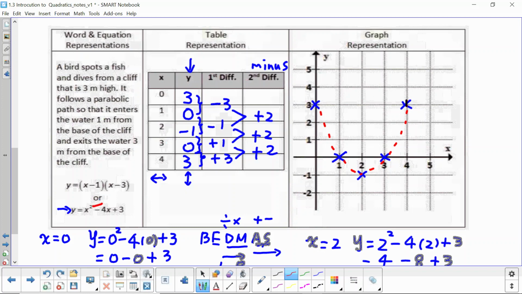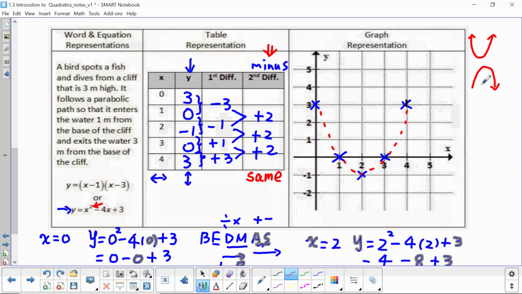If you have the squared, then that is a quadratic relation. If a table of values is given, then you look for the second differences. If the second differences are the same, then it is a quadratic relation. If a graph is given, then you look at the graph to see if it's a U shape.